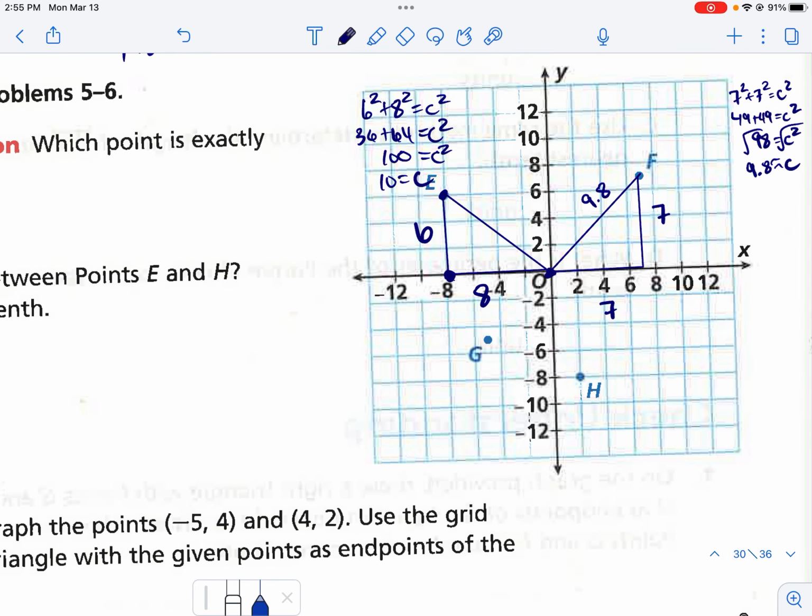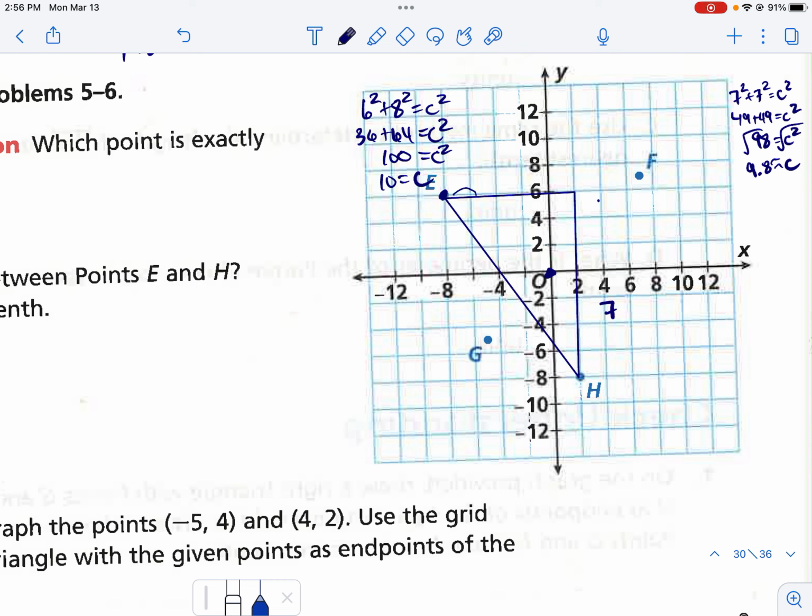Okay, so now it wants points E to H. So I'm going to erase this part right here because I want E to H. Forgot to do that. So it wants from here to here. So I'm going to come across. I'm going to come down.